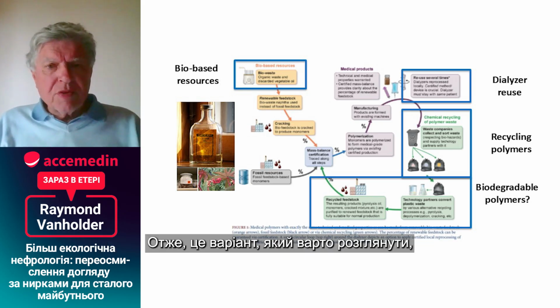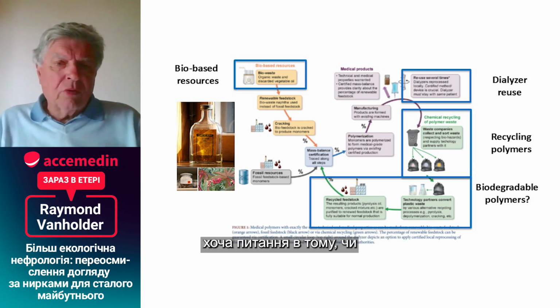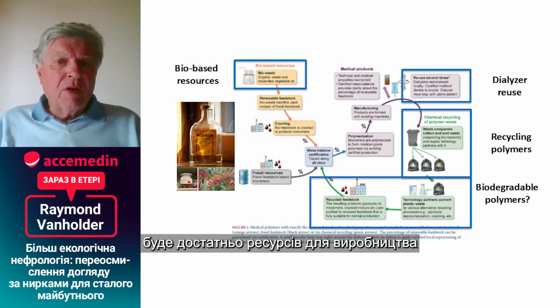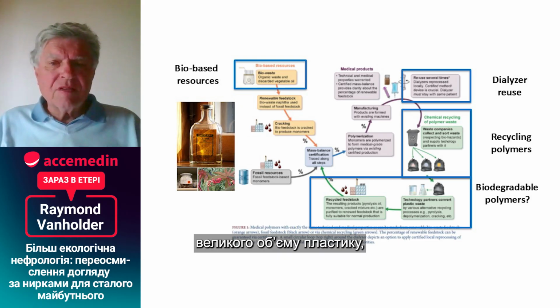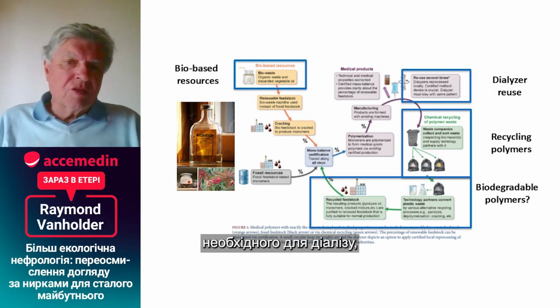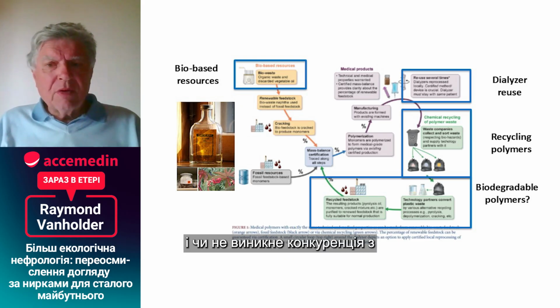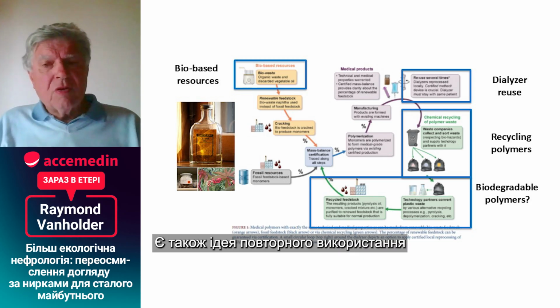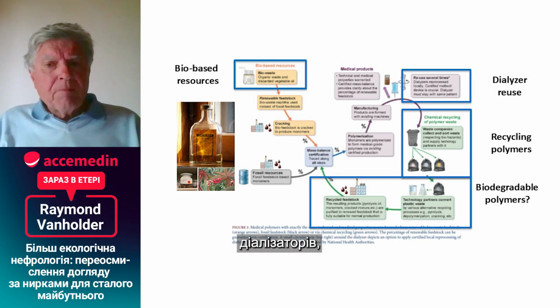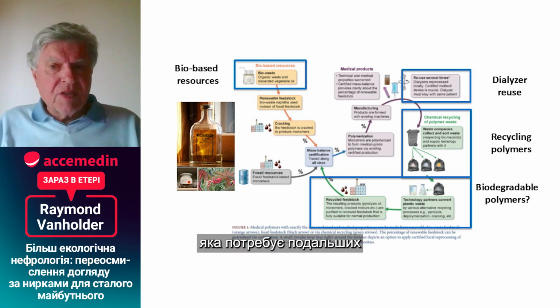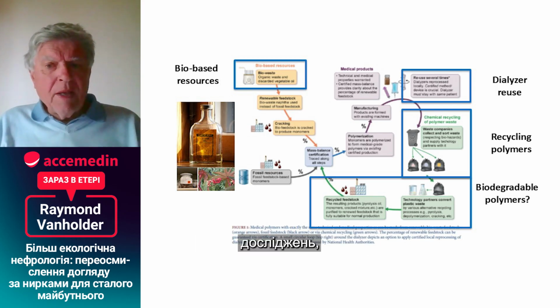So this is an option that needs to be considered, although the question is whether it will be enough to produce such a large volume of plastic as is needed for dialysis. And there is competition with many other sectors. There is dialyzer reuse, which may be researched in the coming years and is especially interesting if it could be done in a safe way.